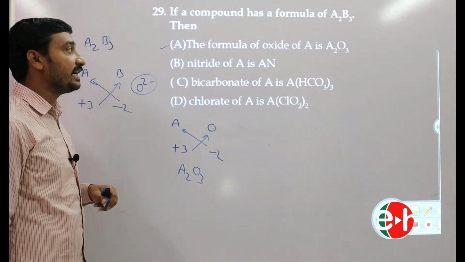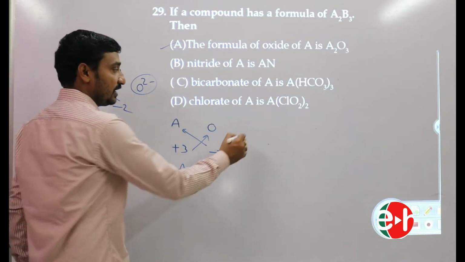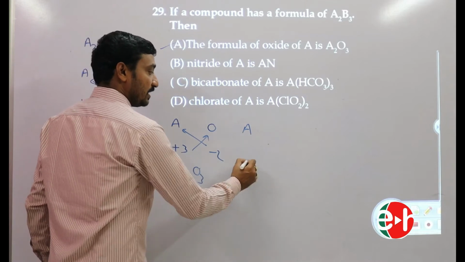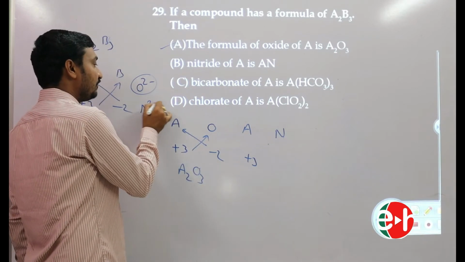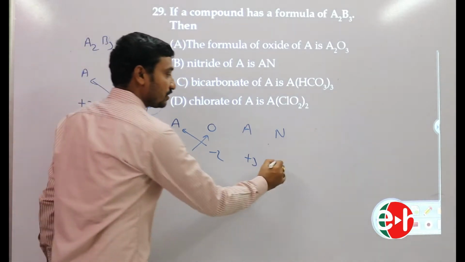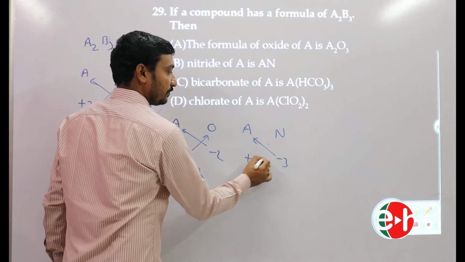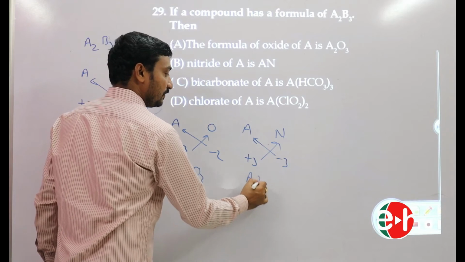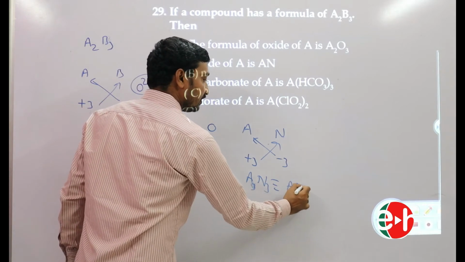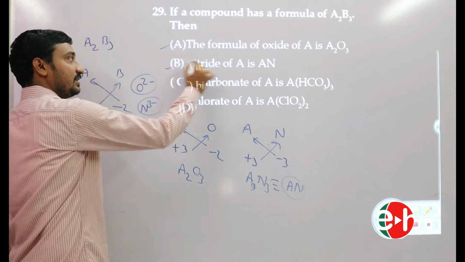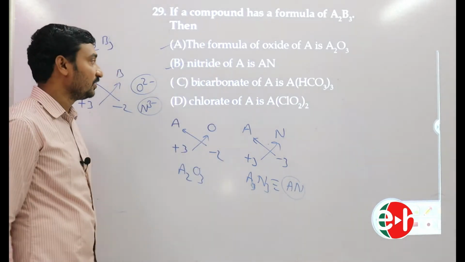Let's check: nitrate of A is AN. A is +3. Nitrate ion formula, we know N3-, so charge -3. A3N3. Simplest ratio 1:1, then formula AN. Hence, the second one is also correct.